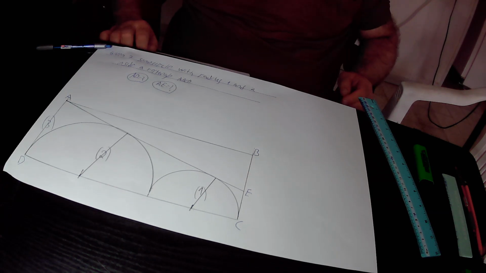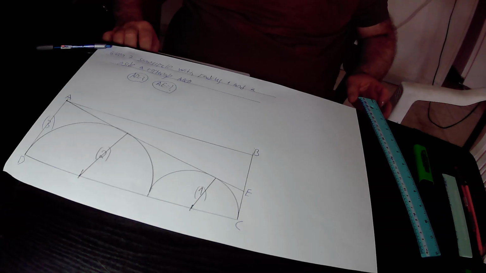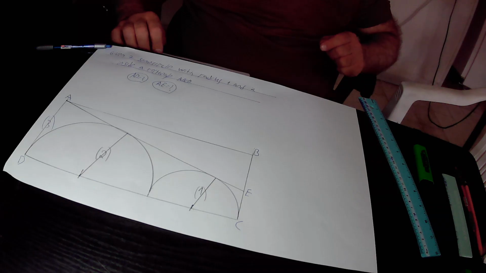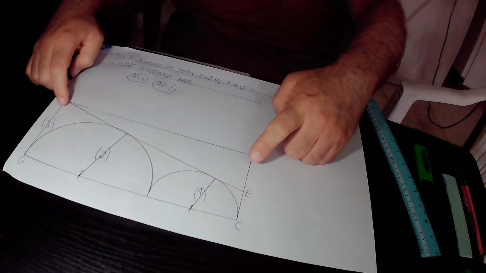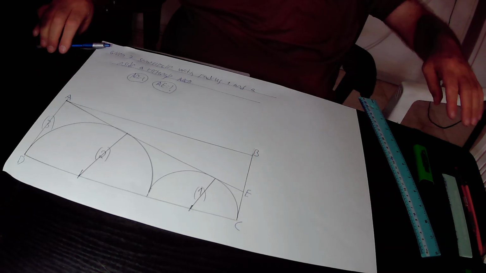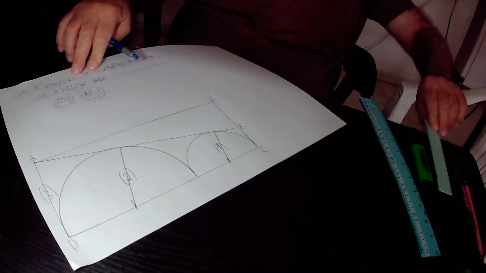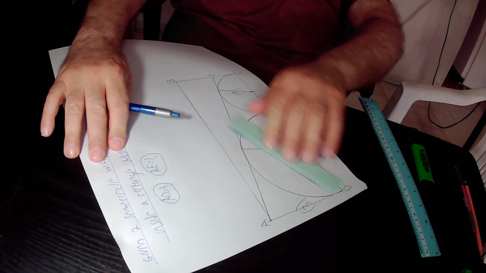So first of all, we know that all the angles inside any rectangle are right angles. So those 4 angles, they are all right angles. So okay, this is a right angle.